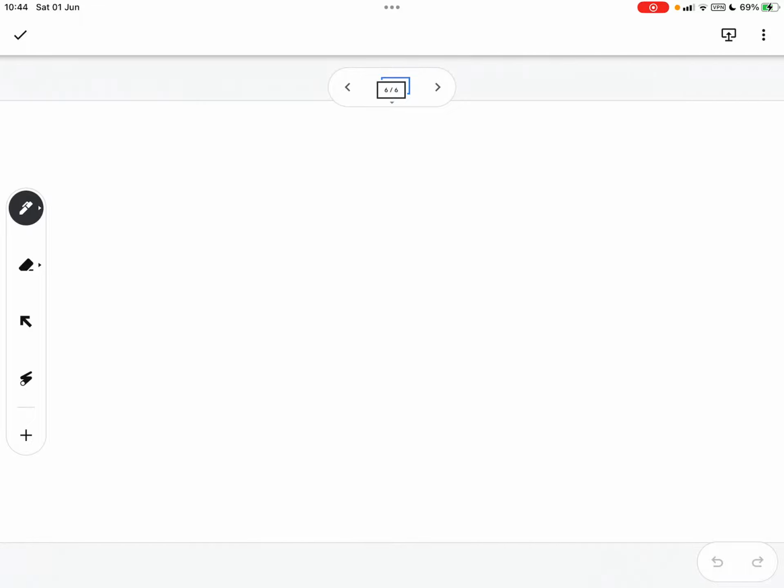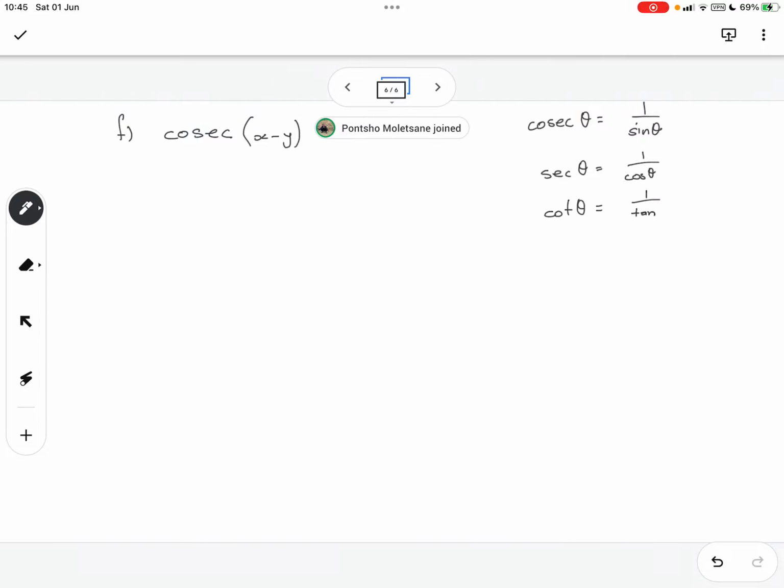All right, and then the last one is cosec of x minus y. Remember, cosec of an angle is 1 over the sine of the angle, the sec of an angle is 1 over the cos of the angle, and the cotangent of an angle is 1 over the tan of that angle.